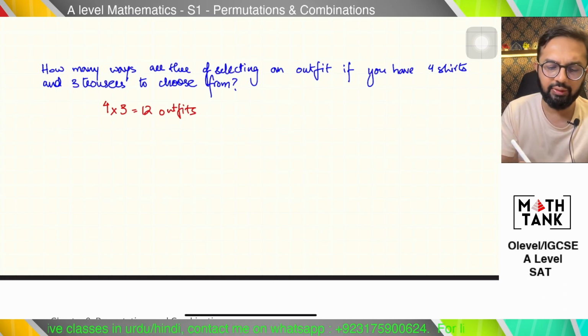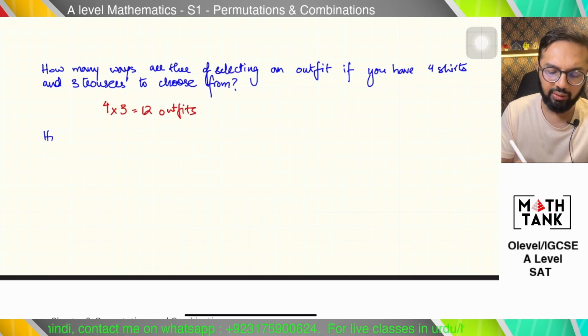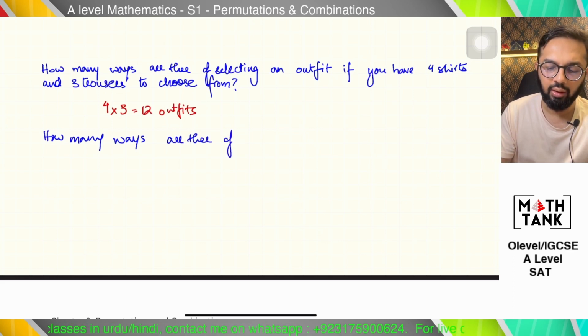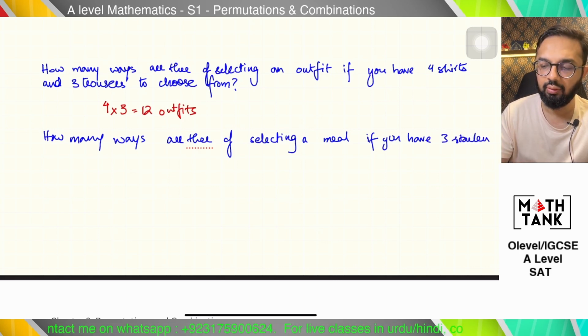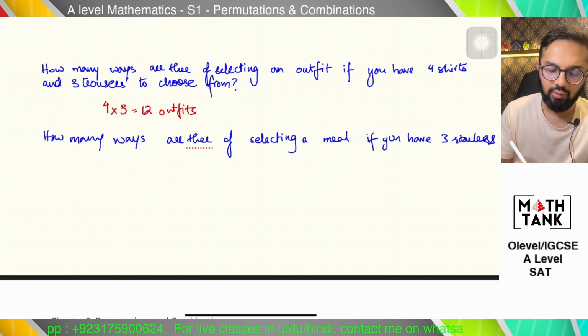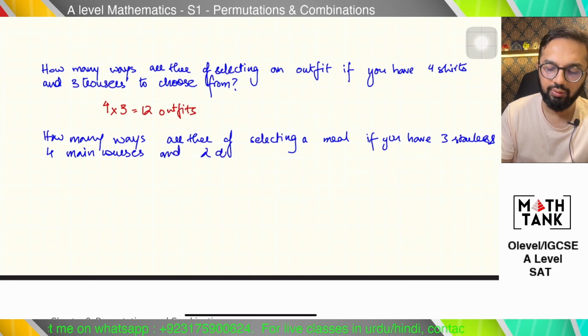The same idea applies to, for example, this. How many ways are there of selecting a meal if you have three starters, four main courses, and two desserts to choose from?